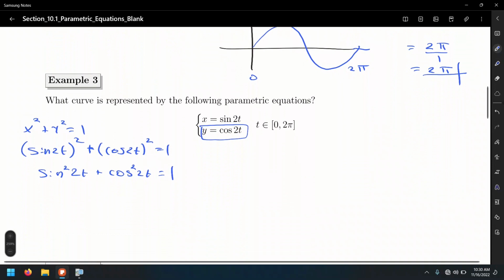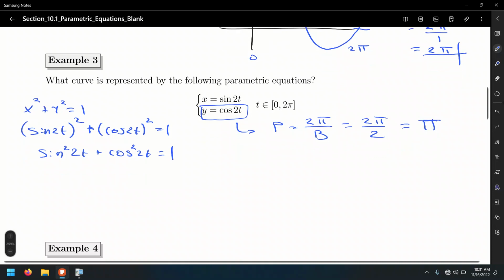So number one, let's calculate the period, 2 pi over b, which is 2 pi over 2. This time we have a coefficient of 2. That means the period will be pi. How is this going to make a difference when it comes to graphing the function?